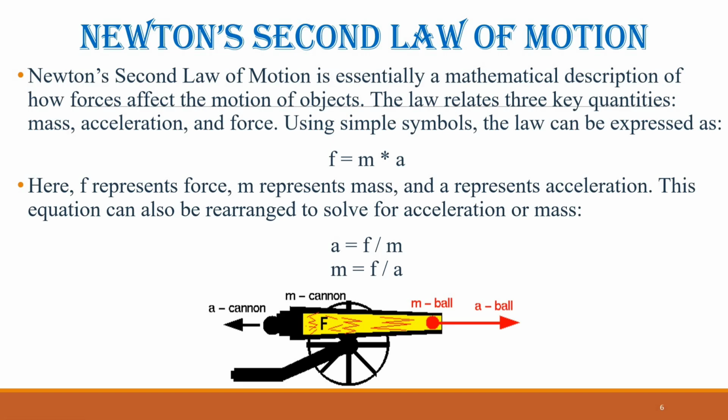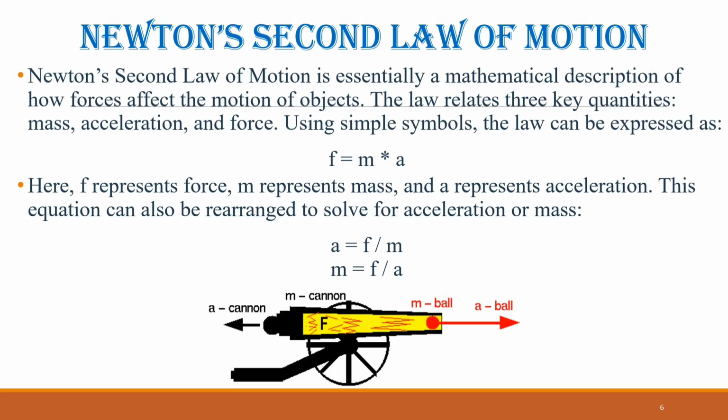For the cannon, the force equation can be written as force equals mass of the cannon multiplied by acceleration of the cannon. For the cannonball, the equation is force equals mass of the cannonball multiplied by acceleration of the cannonball. Because the same force acts on both the cannon and the cannonball, we can combine the two equations.